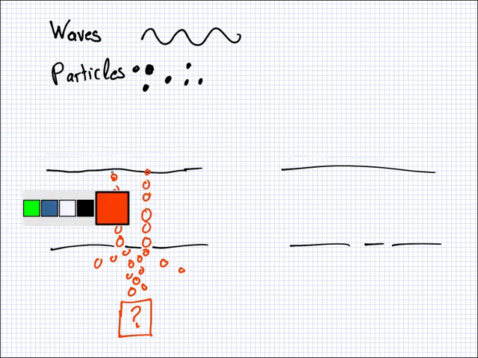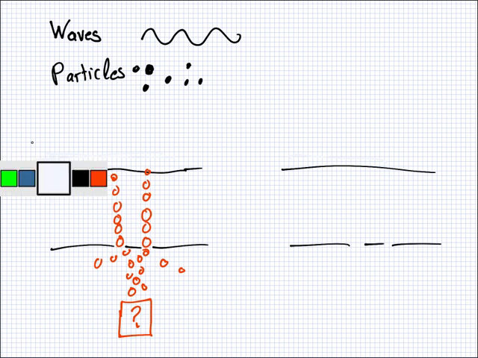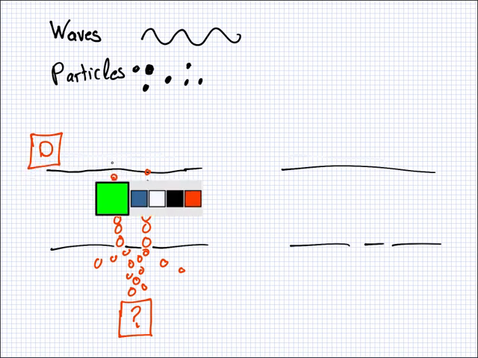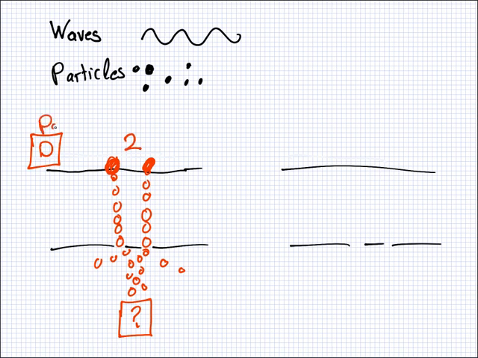If we have a detector, it can see and measure that there's some here and there's some here. So it sees that there are two and it says it is a particle.